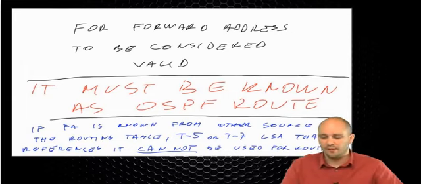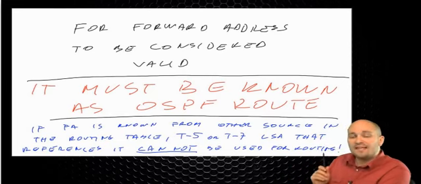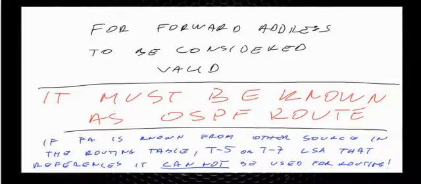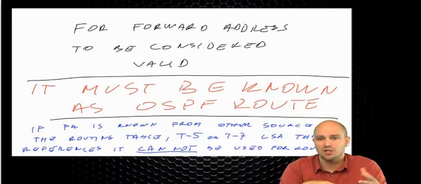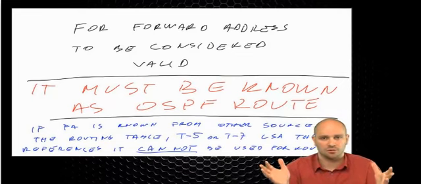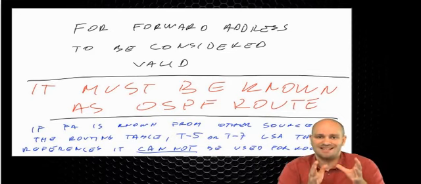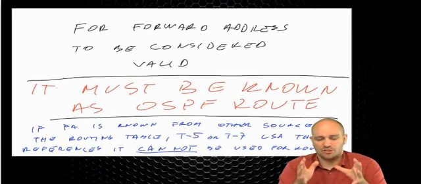This is extremely important, because if the forward address is known from an external source, what's going to happen is that if the forward address is known from any other source in the routing table, that means a static route or EIGRP or RIP or any other routing source, that will cause OSPF to consider the LSA that is referencing this forward address to be invalid.